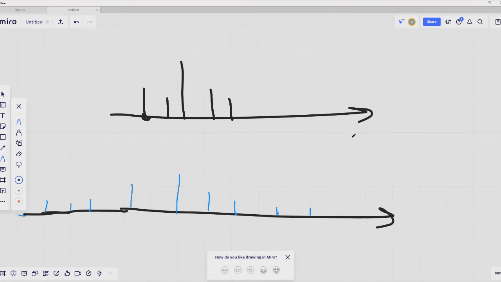On the x-axis, I have the value of my random variable, and on the y-axis, I have the PMF, probability mass function of that specific random variable.